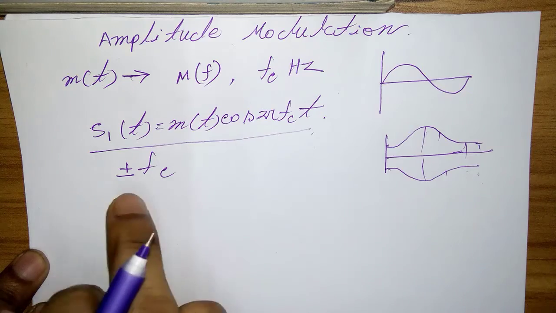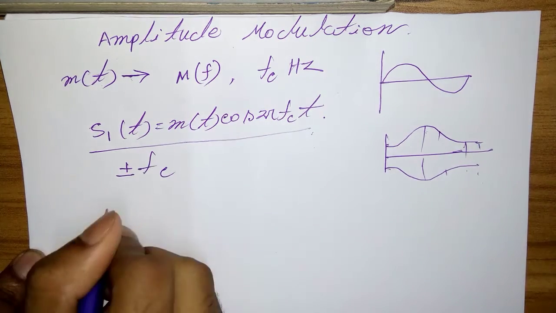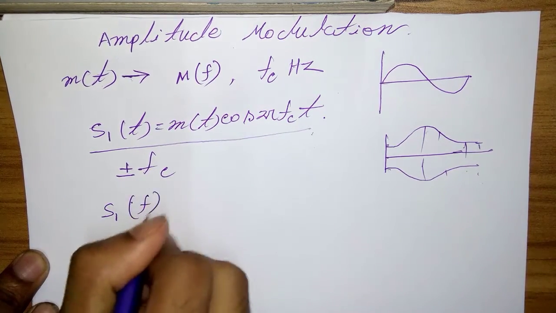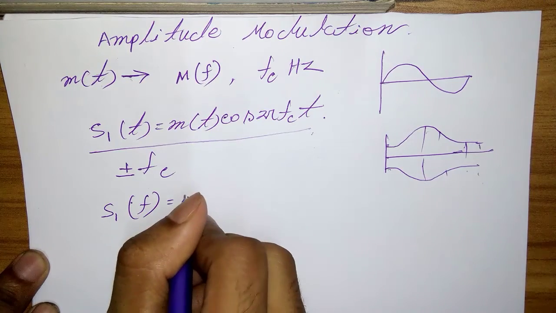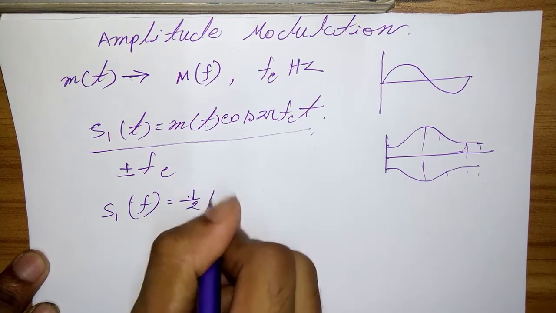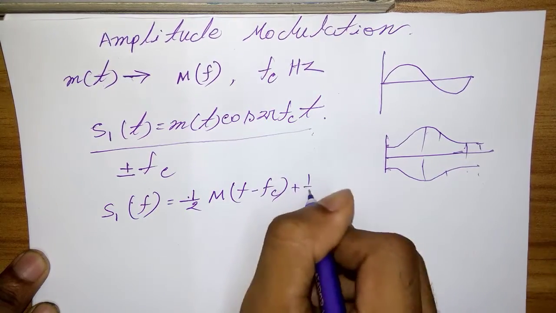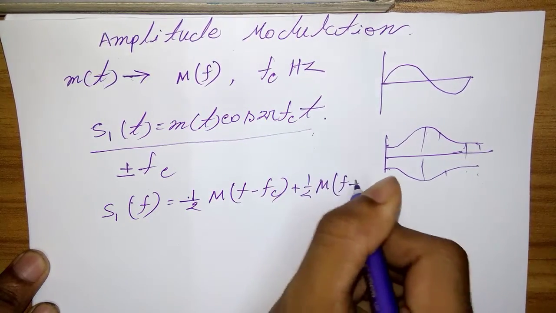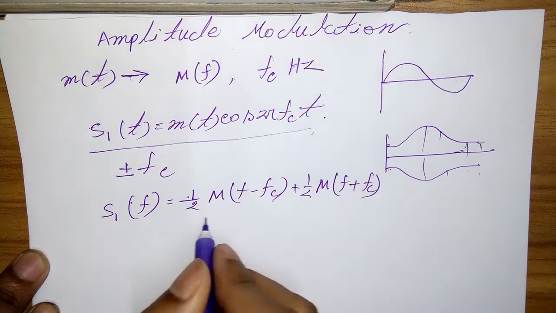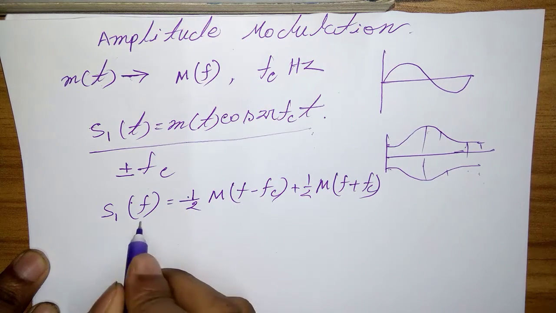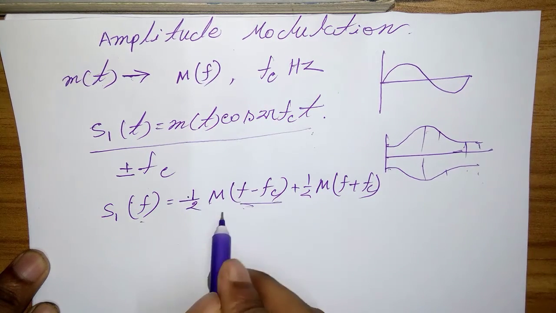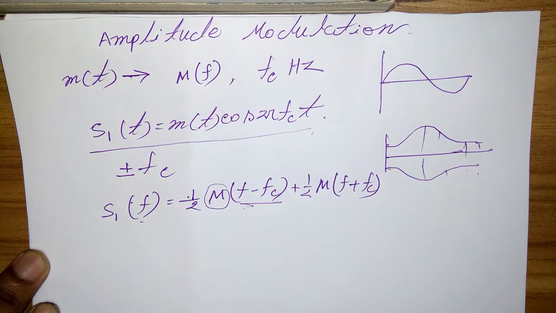In that case the equation will be s1 of f equals half m of f minus fc plus half m of f plus fc, because the modulation of frequency will be half of the message frequency.